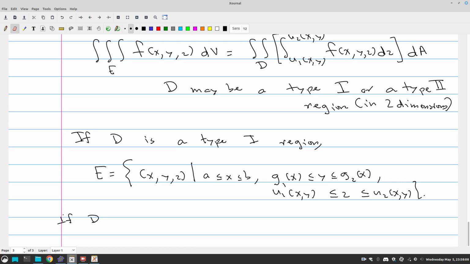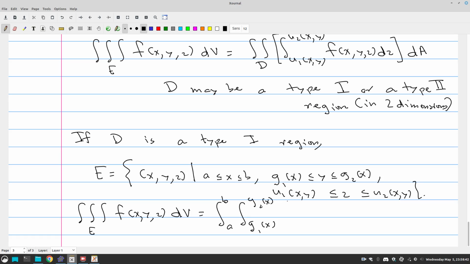And now if D is a type 2 region, okay, before that let's write down the integral over E of f(x,y,z) dV. It can be written as the integration with respect to x, which you do last, then y from g1(x) to g2(x), the second integration, and this is the first integration with respect to z.